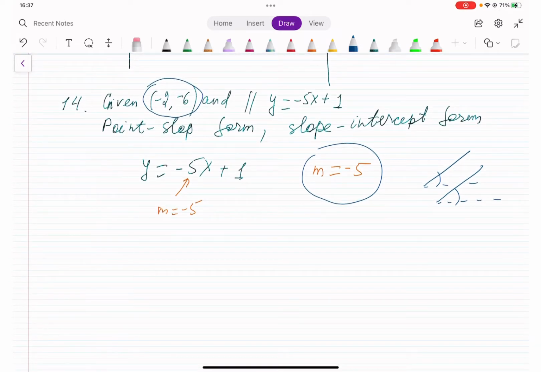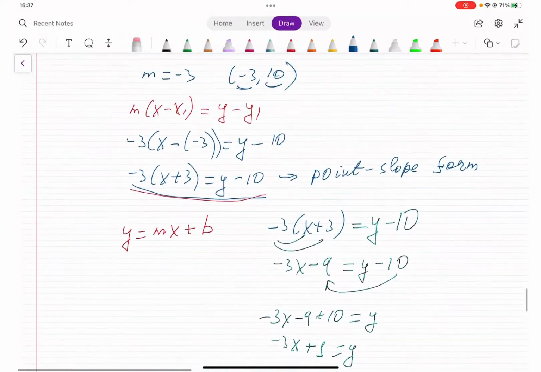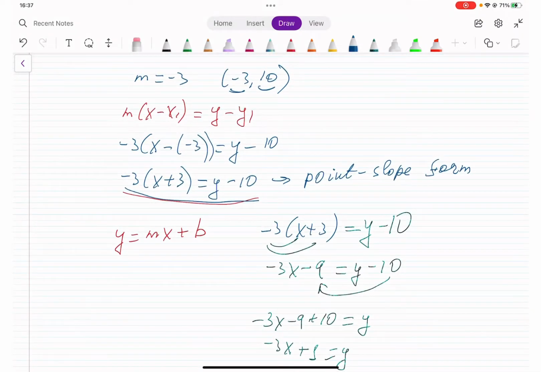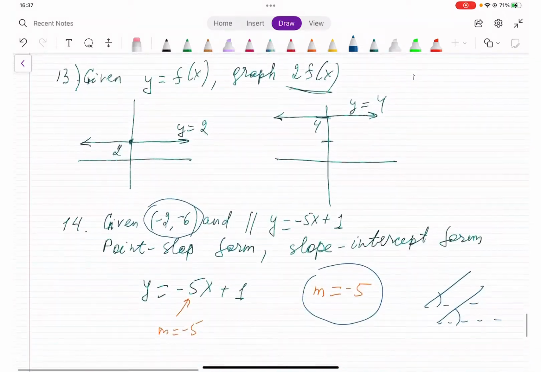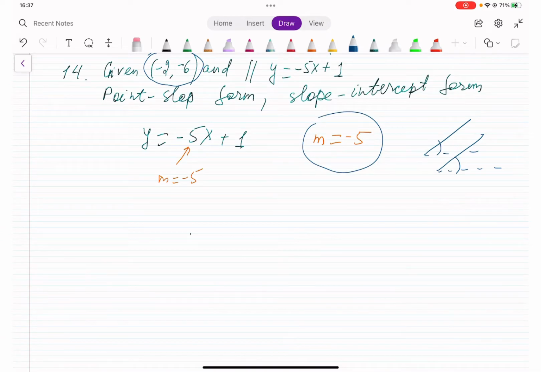So let's write down the form we were using. m times x minus x1 equal y minus y1.